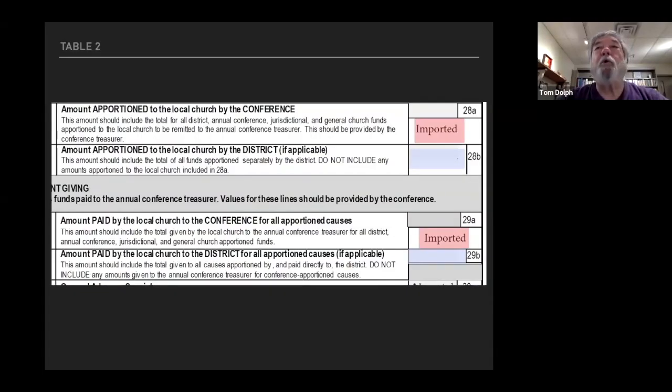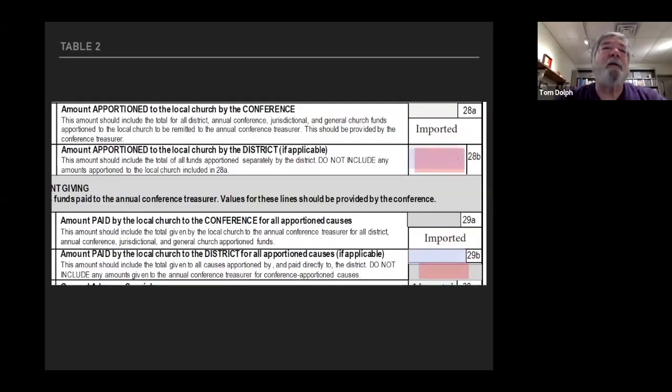So if you print your reports before these figures are imported, your totals may be off. So if you wait until later to get your final copies, you'll have all of those figures imported for you.